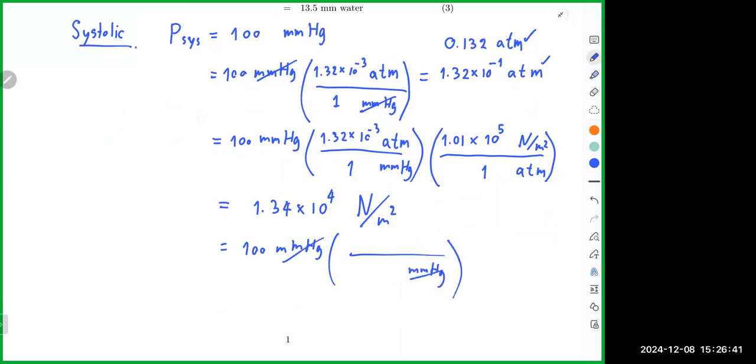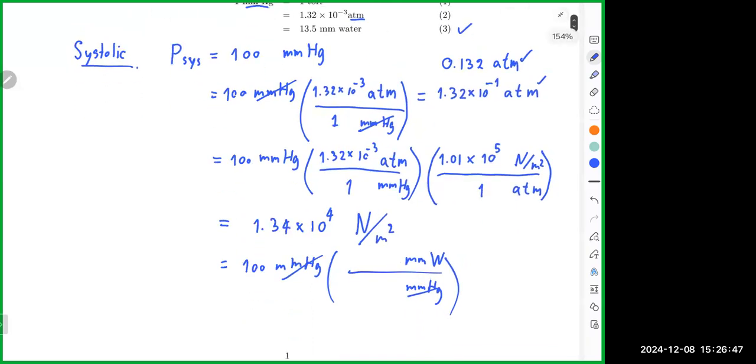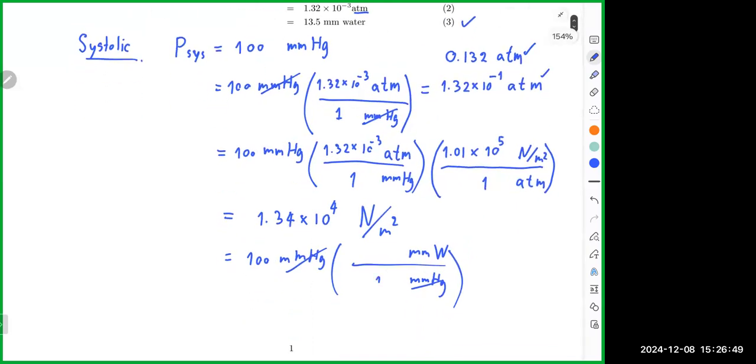Millimeter water, and use this relation, 1 and 13. You finally get 1.35 meters. You can convert, it's up to you. You just try.